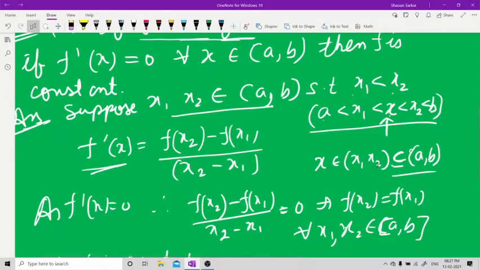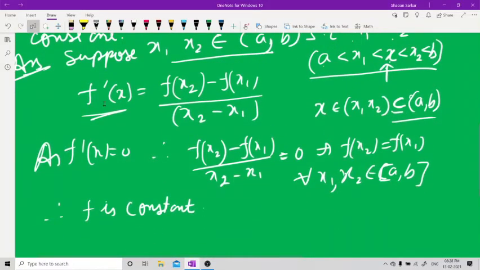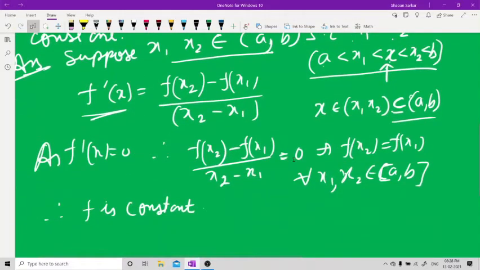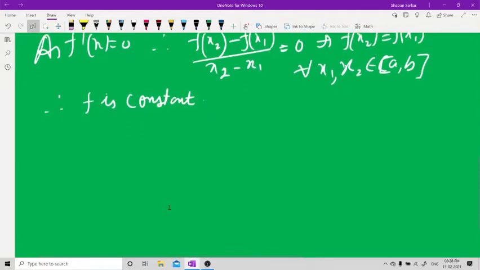Now this x is in between, and f dash x is already 0, so this is always 0, and cross multiplication will give me 0. So fx1 equal to fx2, and therefore f is a constant.